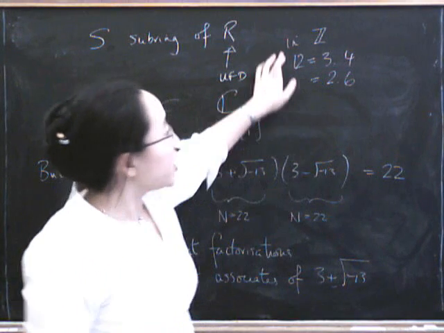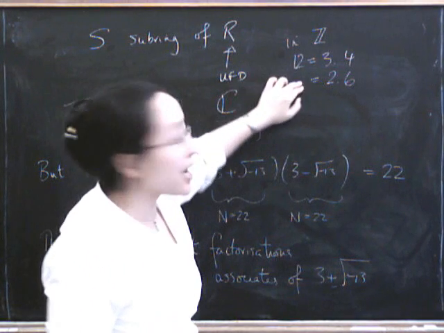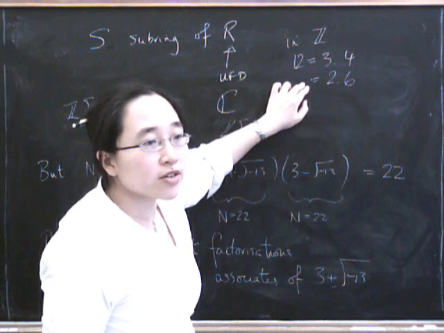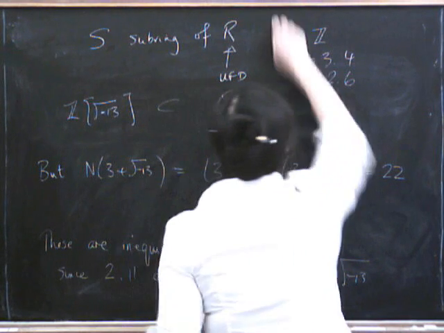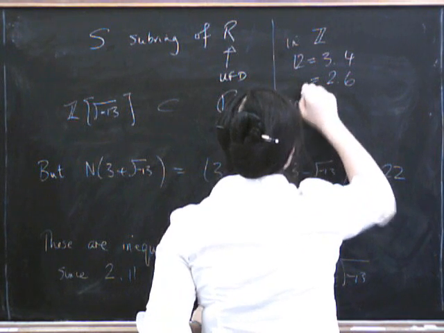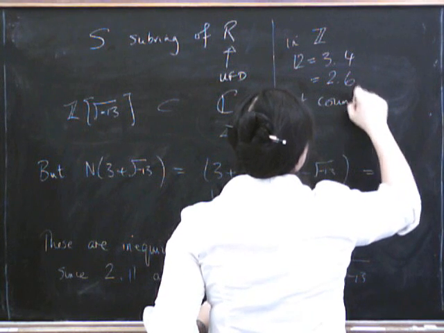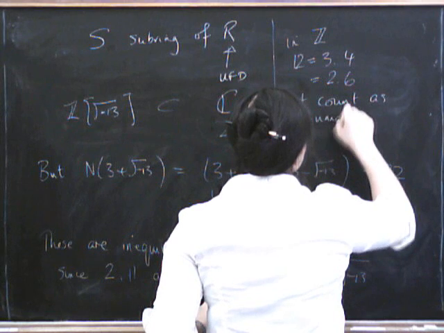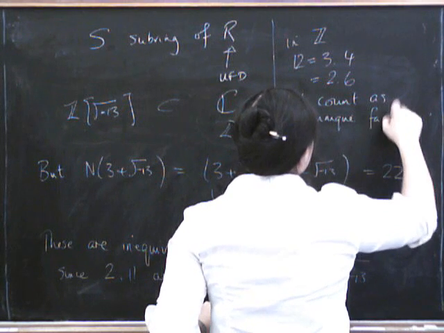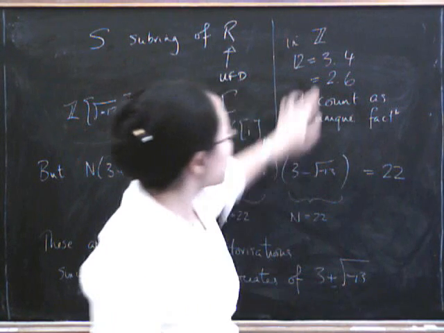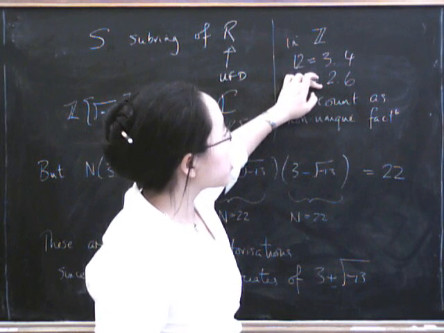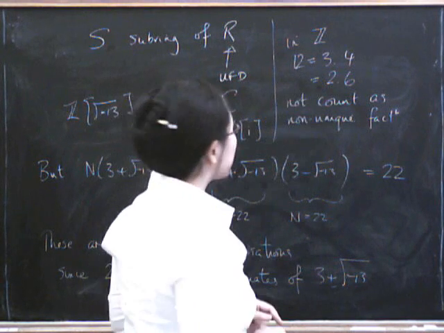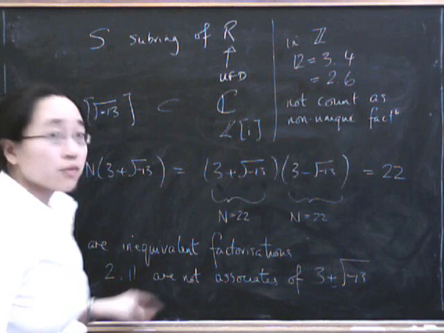That does not mean this is not a UFD. This doesn't count as a non-unique factorization for the simple reason that these aren't all primes. Okay? So that's the moral of that story.